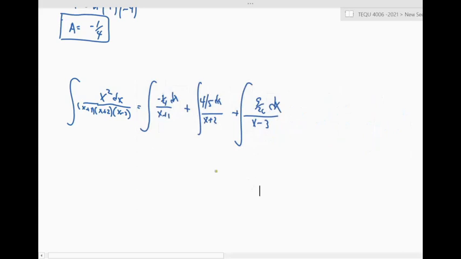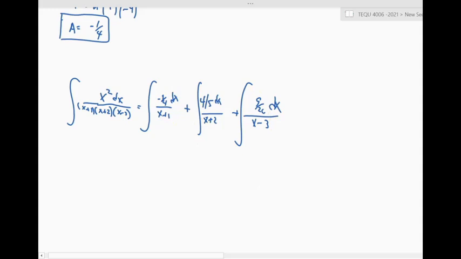So we are breaking this integral, which is very difficult to work with, into three very simple integrals. Remember, each one of these has a constant, so it can be taken out of the integral, and you are only left with a logarithm here, another logarithm here, and another logarithm here.